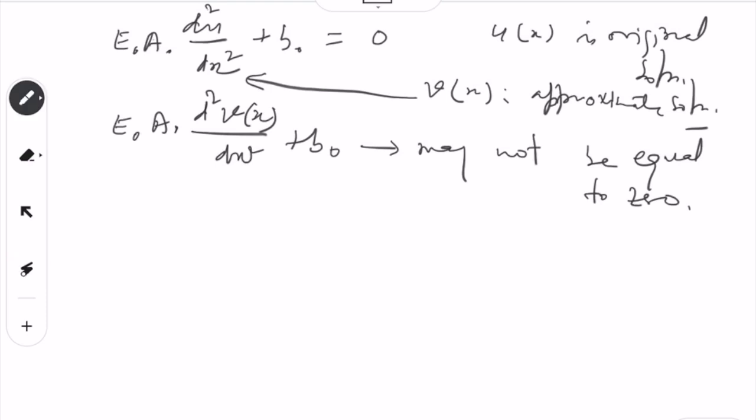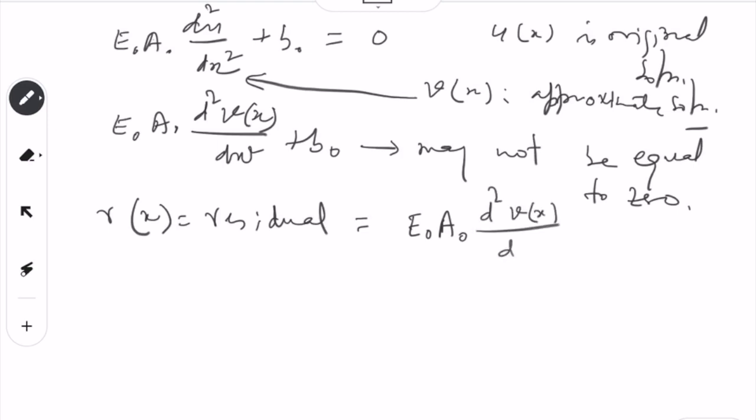So we can say R(x) equals the residual. That is basically the error: the residual equals E naught A naught d square V(x) over dx square plus b naught. So this is our residual. u is the exact or original solution, and V(x) is the approximate solution.